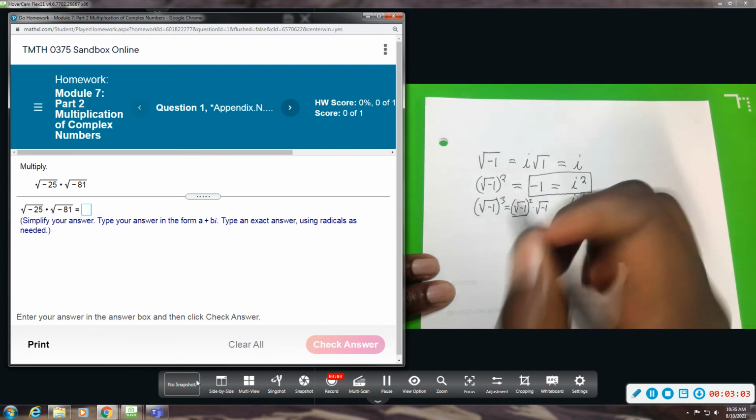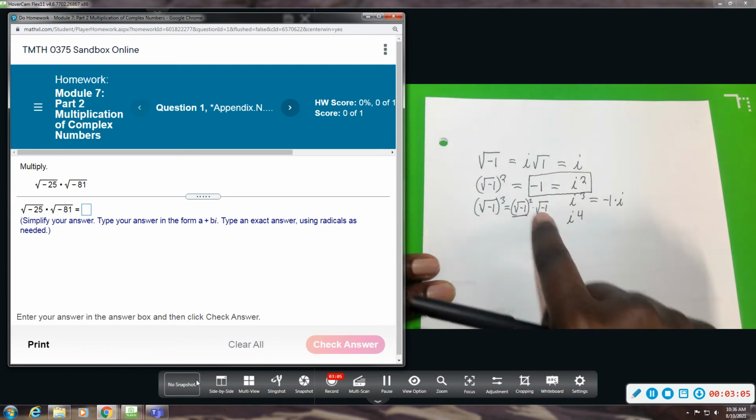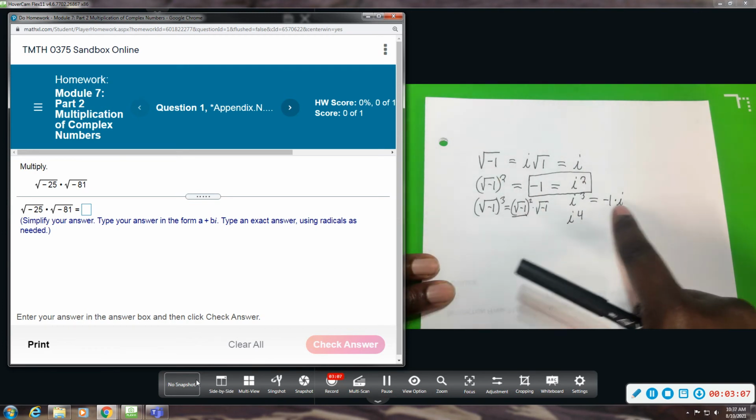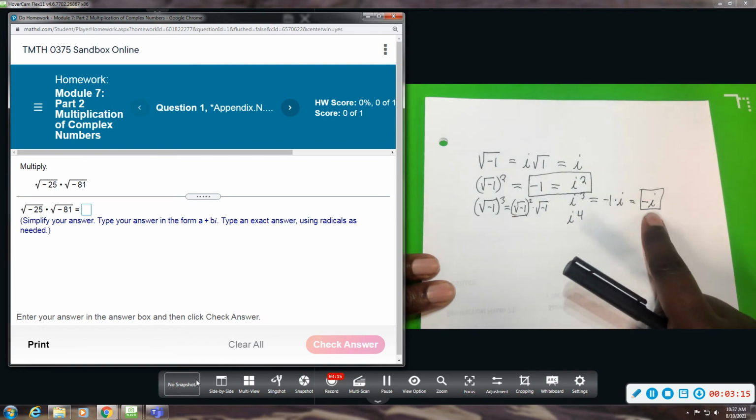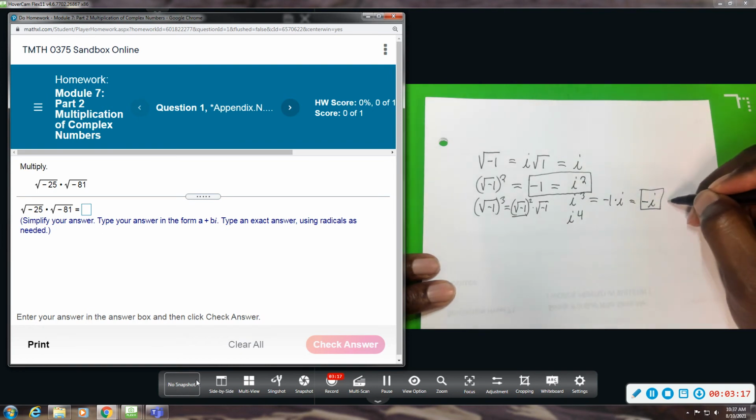That was -1 from here, and this was i from the first part. So when we multiply these two together, i cubed is the same thing as saying -i. That's another interpretation of it. So i cubed is equal to -i. So this is another term we want to know.